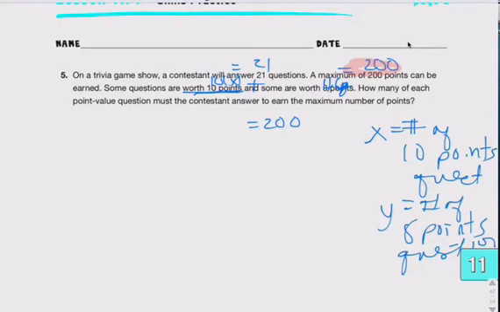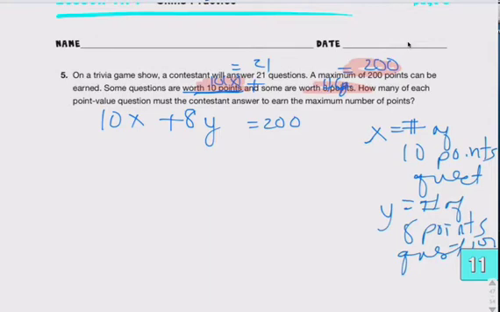Very tired. Okay? So you've got 10-point questions times how many there are. So 10 points times how many 10-point questions there are to find out. And then the 8-point is 8 times the number of 8-point questions there are.